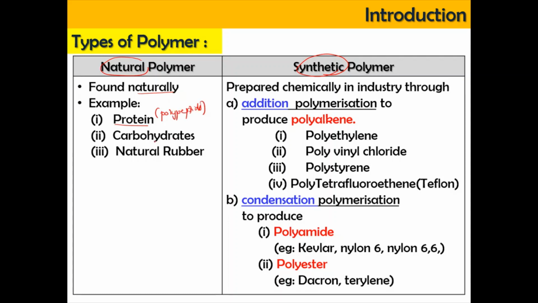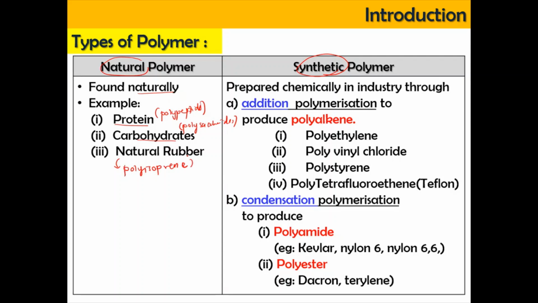Next, we're going to have the carbohydrate, where the carbohydrate is the polymer for the glucose, or it's also known as the polysaccharides. Next, we're going to have our natural rubber, where we can obtain it from our latex in the rubber tree. So the natural rubber is a polymer for the polyisoprene.